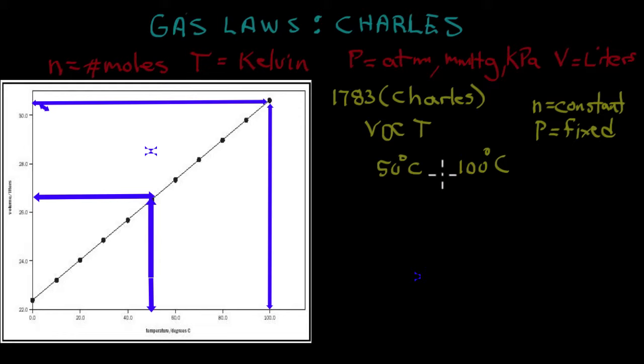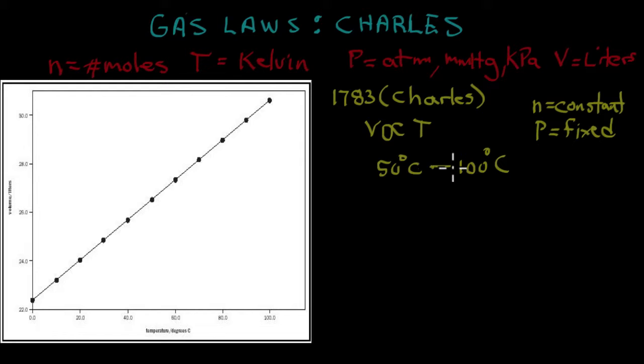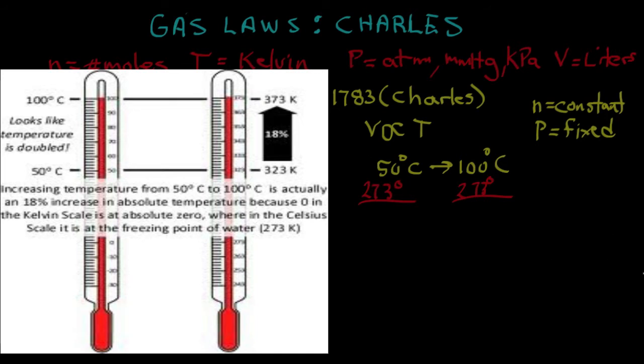The answer is this: it does not double the volume. When it goes from 50 to 100 degrees Celsius, that's a doubling, but the temperature must be in the Kelvin scale. So we're going to add 273 degrees to both of these Celsius temperatures, and that converts it to Kelvin.